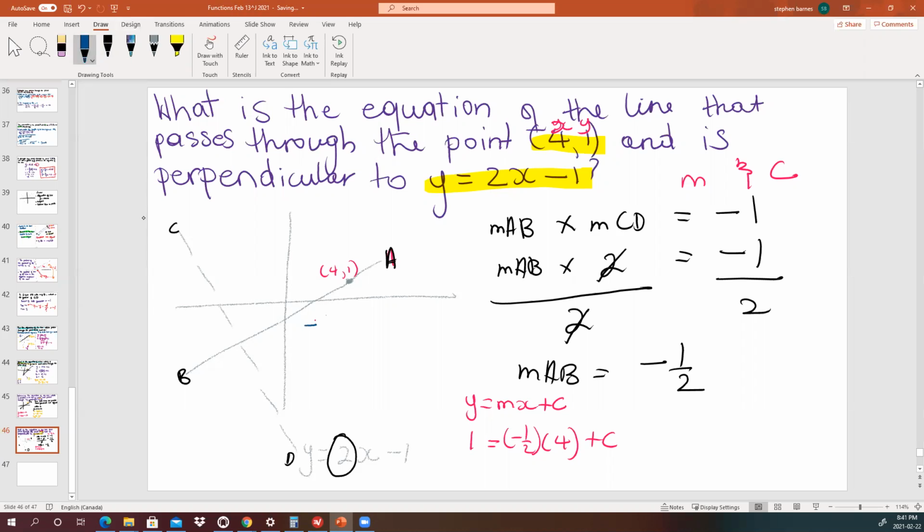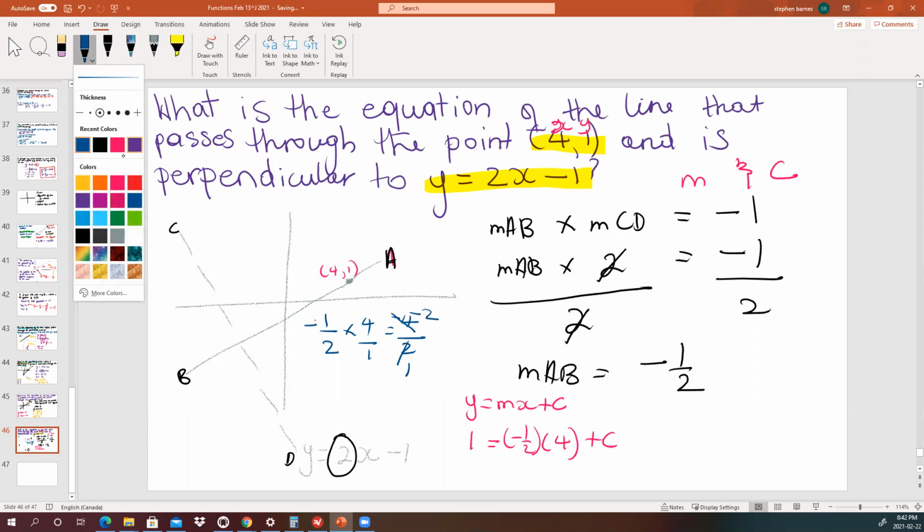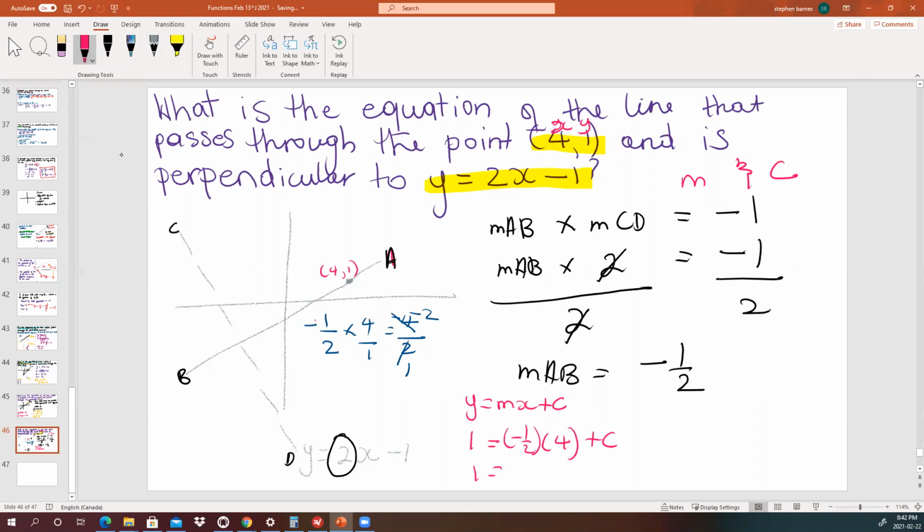Negative 1 over 2 times 4 over 1 equals negative 1 times 4, which is negative 4, over 2 times 1, which is 2. 2 into 2 goes 1 time. 2 into negative 4 goes negative 2 times. So here we have 1 equals negative 2 plus c. Everybody following? Okay.